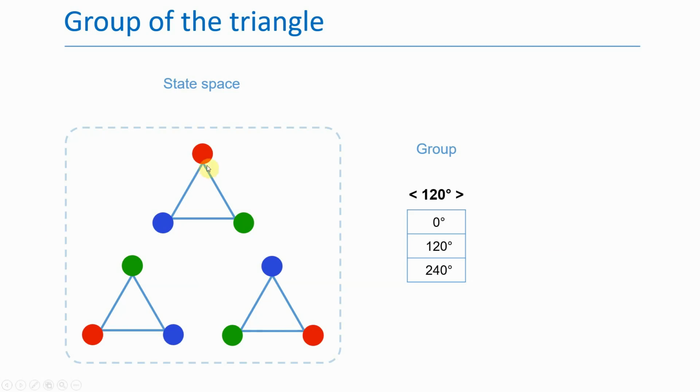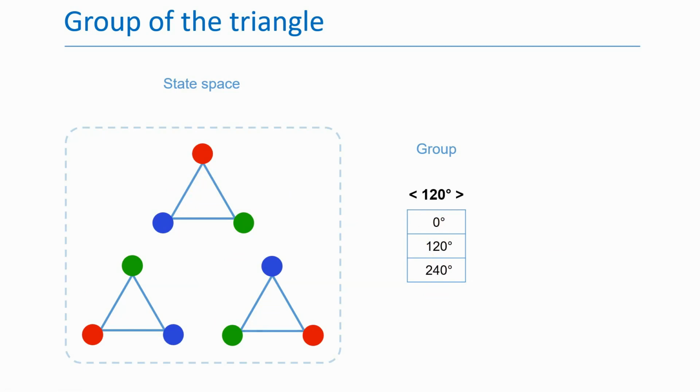Also, we took red up as the starting state so that red up corresponds to the identity. But it's not essential to start with red up. If we take red right as the starting state instead, it means that the states now correspond differently to the group elements, but the group is the same in either case.